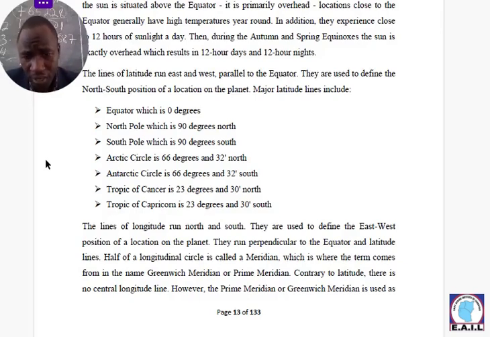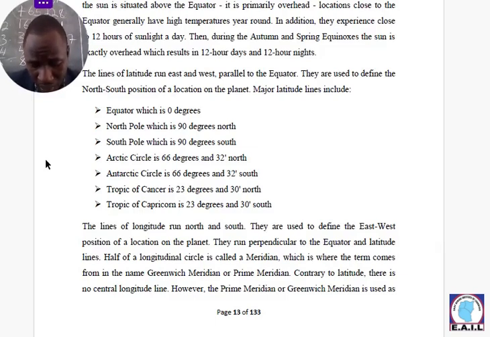They run perpendicular to the equator and the latitude lines; in other words, the equator and the latitudes run perpendicular to each other. When you proceed, they also talk about the half of the longitudinal circle, which we call the meridian. That half circle, the line that divides the earth from the North Pole to the South Pole, is known as the longitudinal circle.